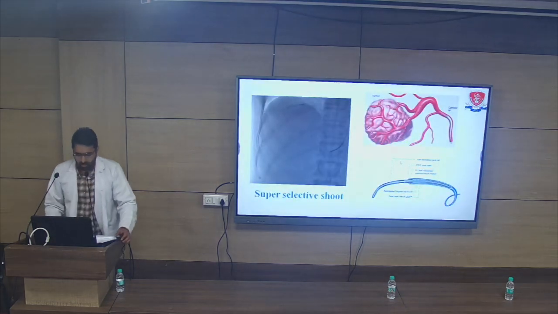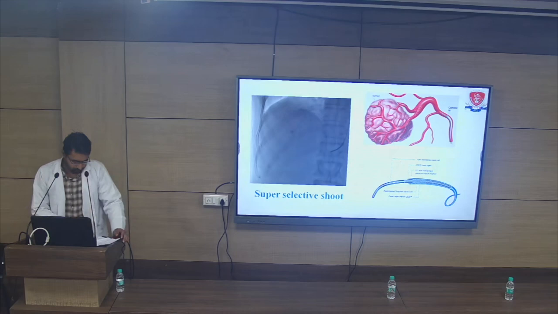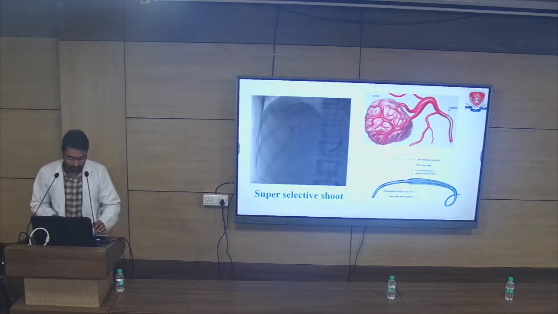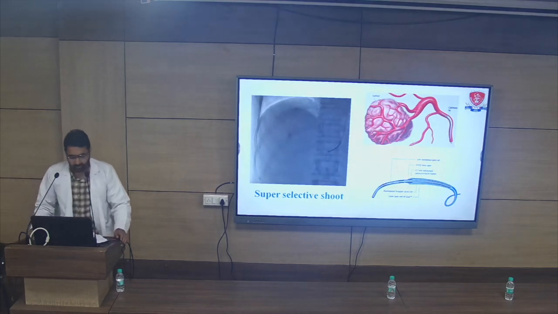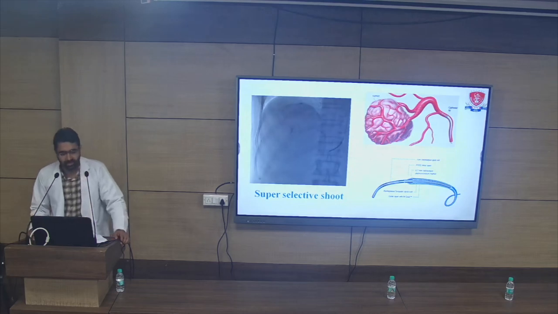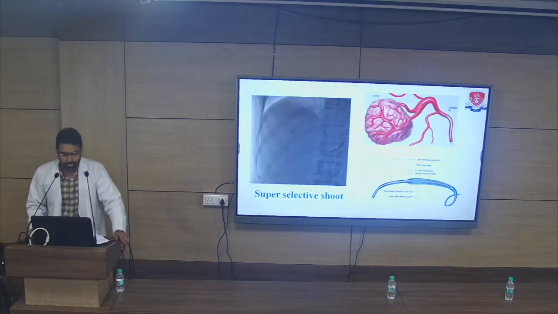After the aortogram, super selective cannulation of the superior adrenal artery was done, and after cannulating the superior adrenal artery, we embolized it using glue.